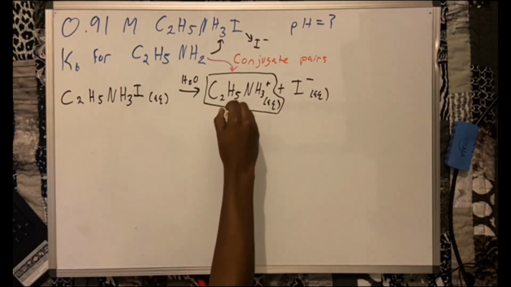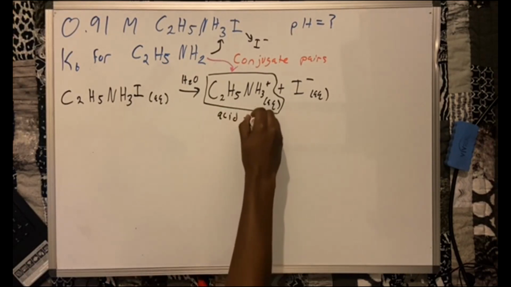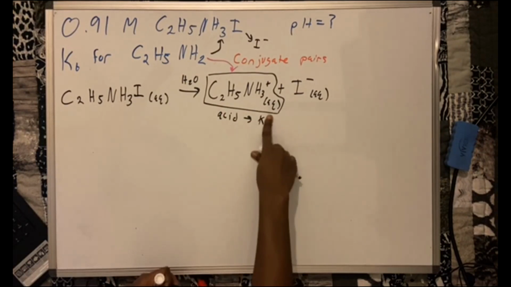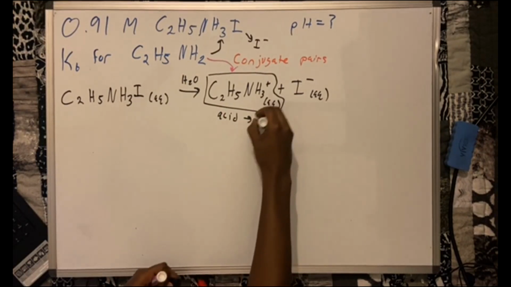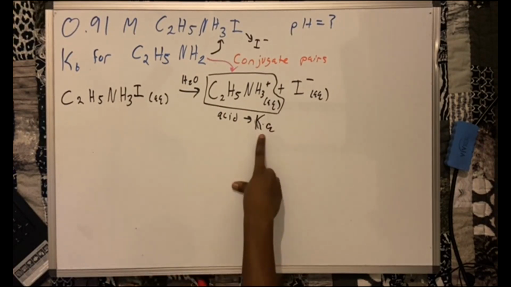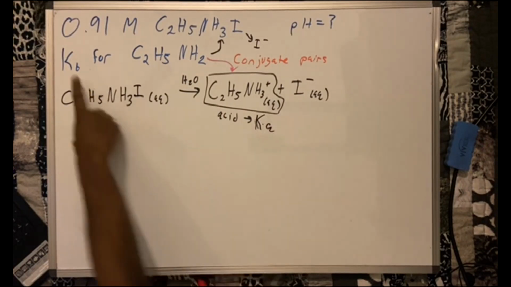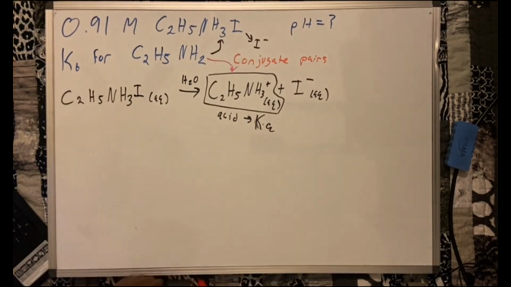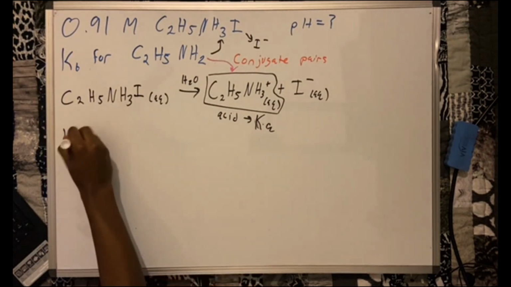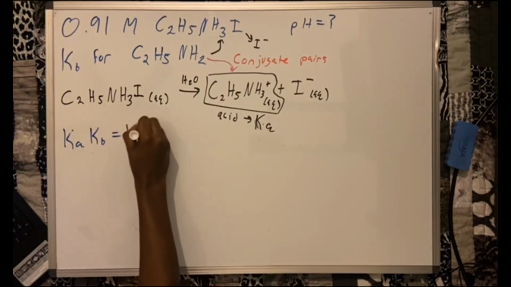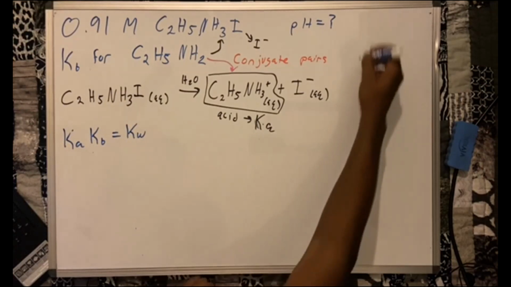So we need a Ka. Oh, I'll write that bigger. Ka. Does anyone remember how to get Ka from that Kb? Use the Kw formula. Yep. So I use my Ka times Kb equals Kw, right? And Kw, put it up here.